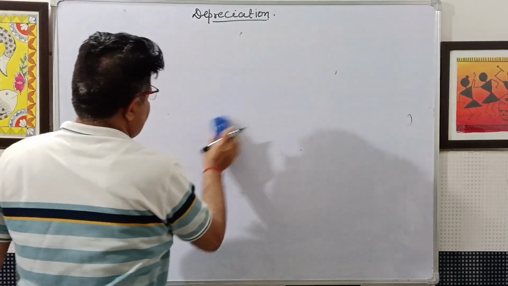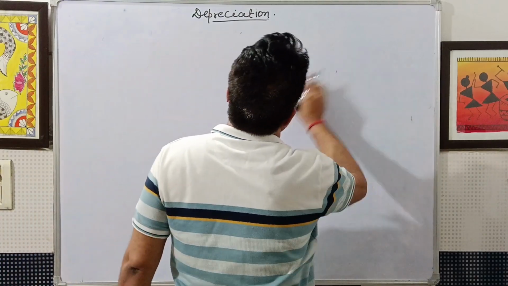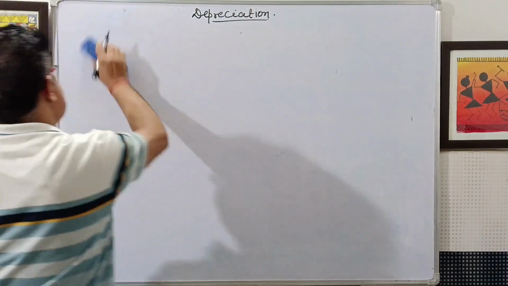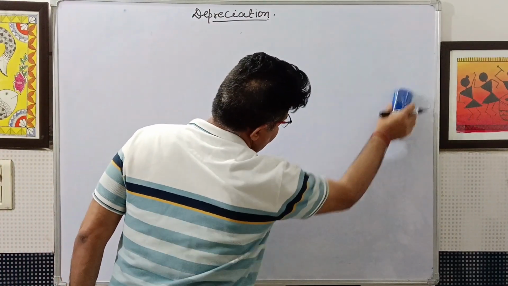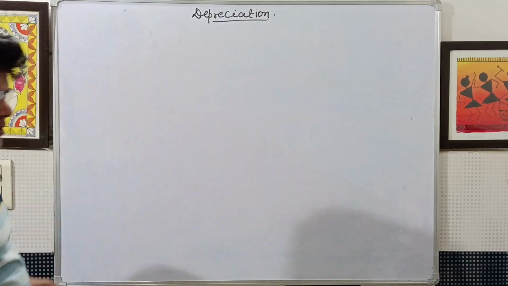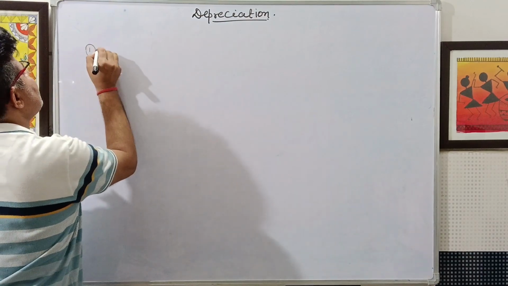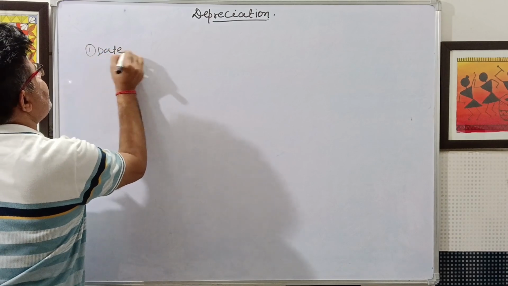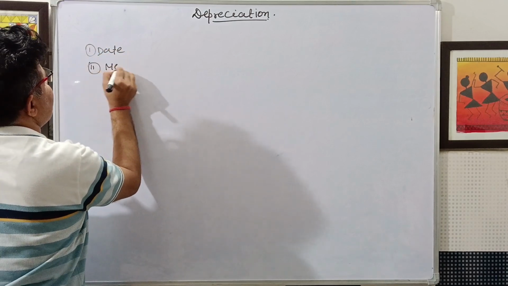In this chapter, there are two things to remember always. Number one is the date, and number two is the method, in which method.